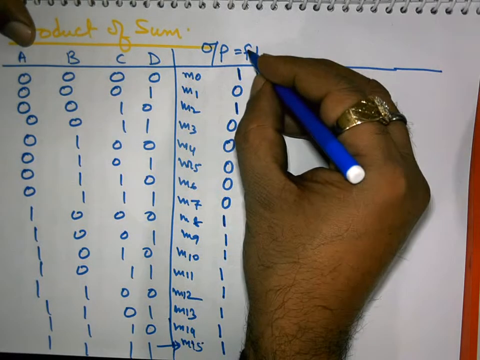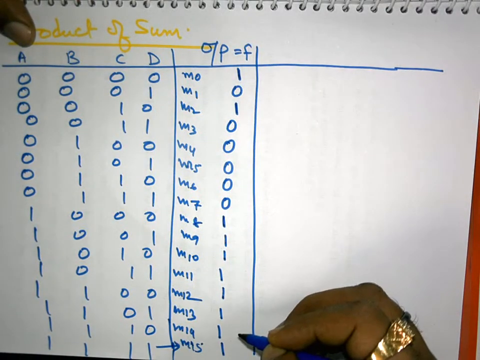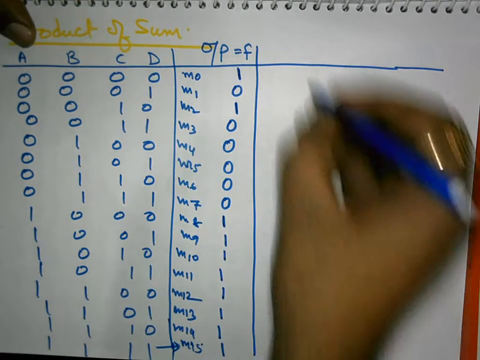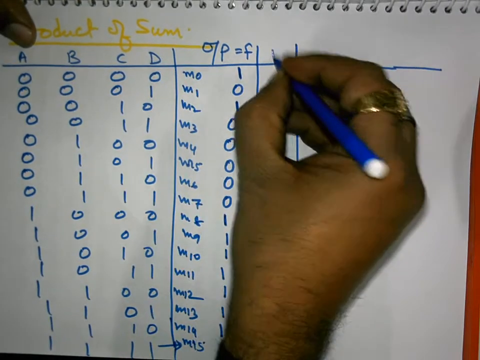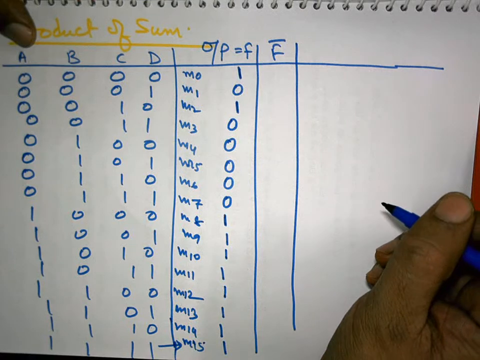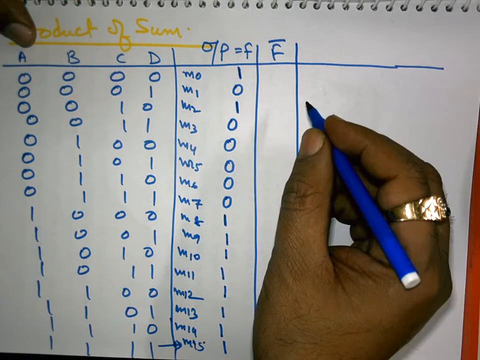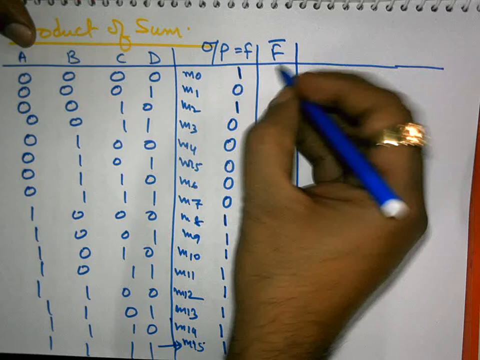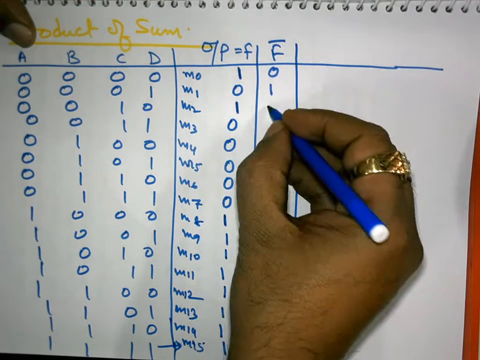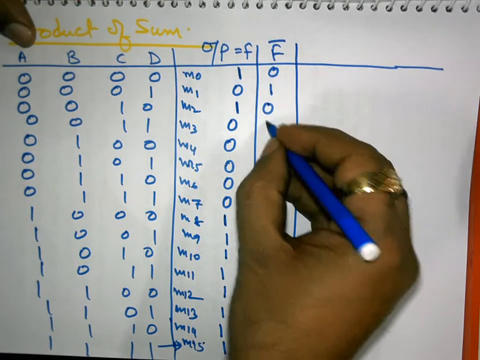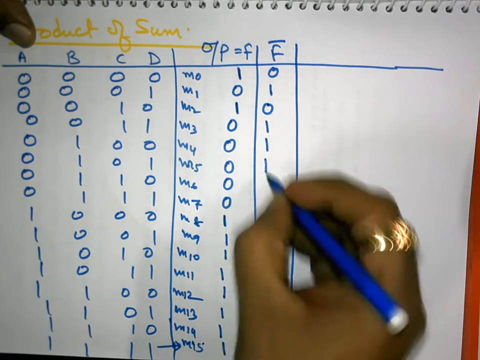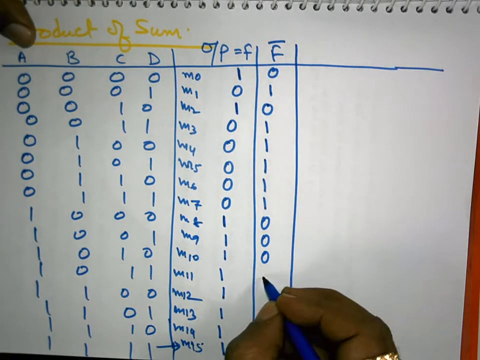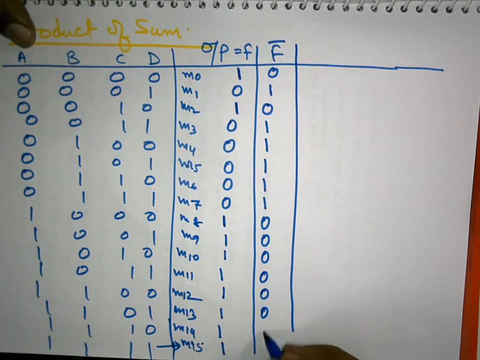Now, if I say this output is F, what will be F bar? Simply the complement of this output will be F bar. So naturally this will be 0, this will be 1, this will be 0, these are all ones and these are all zeros.